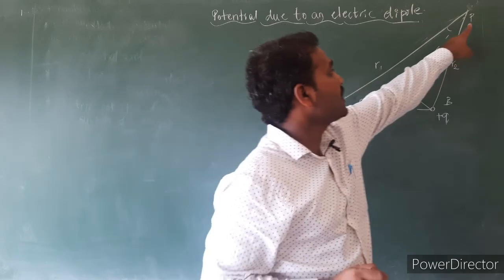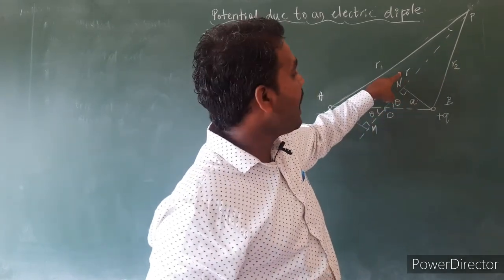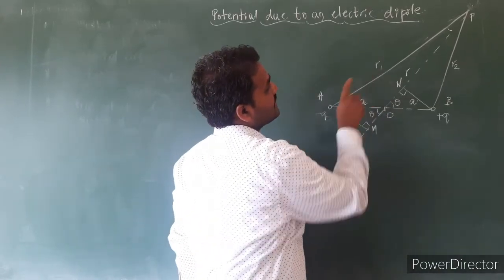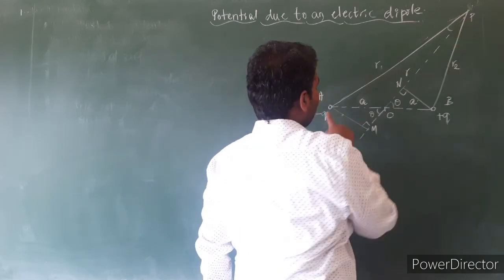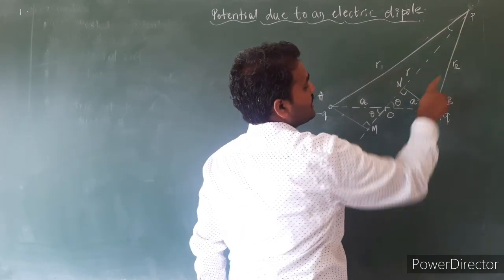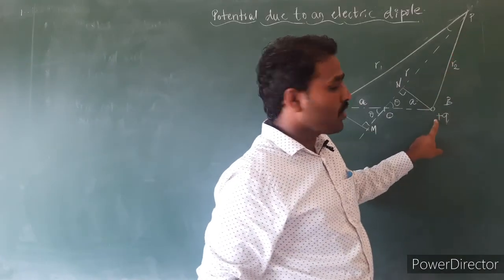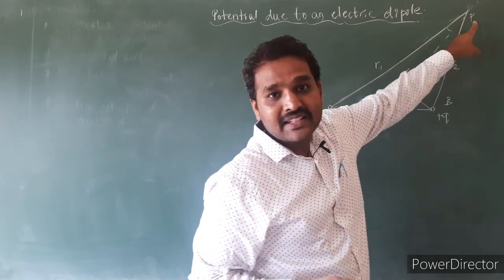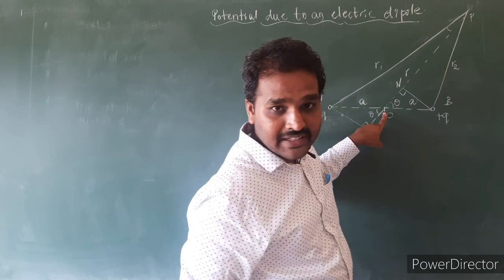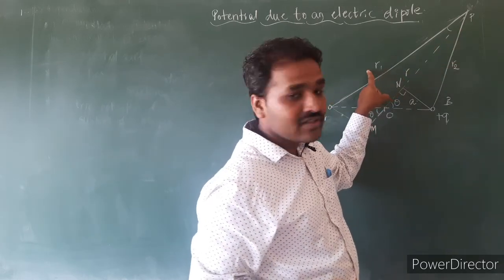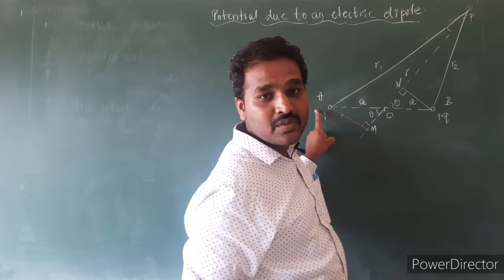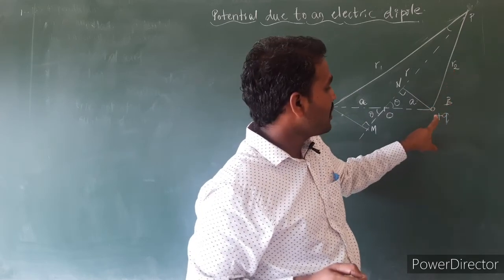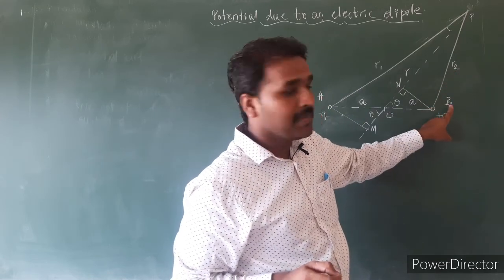Let this point P be at a distance r from the midpoint of the electric dipole, let r1 be the distance of point P from the charge minus q placed at A, and r2 the distance of point P from the charge plus q placed at B.